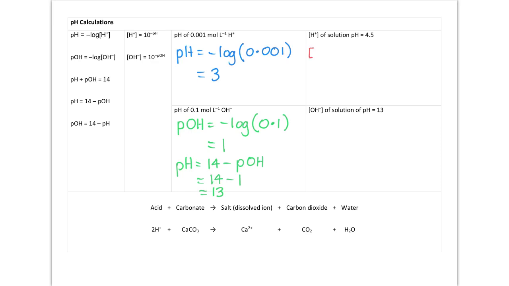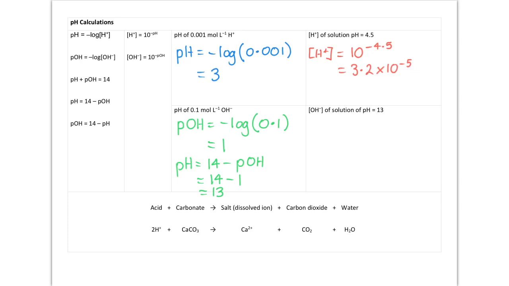So the concentration of hydrogen ions is equal to 10 to the minus 4.5, and I will need to get my calculator out and check that. So that would be equal to 3.2 times 10 to the minus 5. I've used scientific notation there. I am making an assumption that you understand scientific notation. If you're not clear on scientific notation, please sing out and ask, and I'm happy to go through that with you.